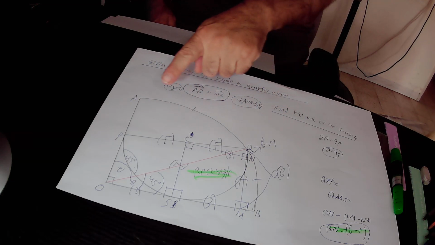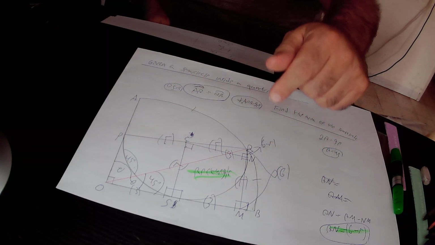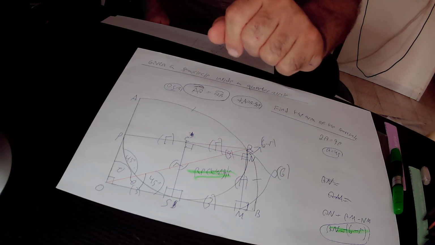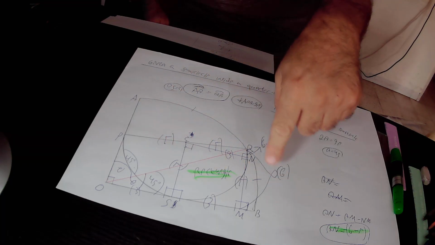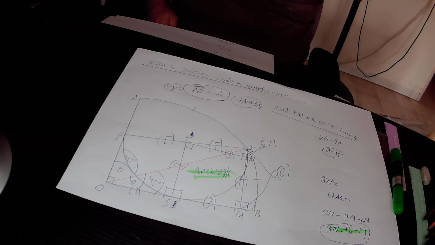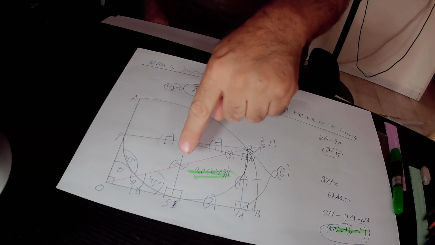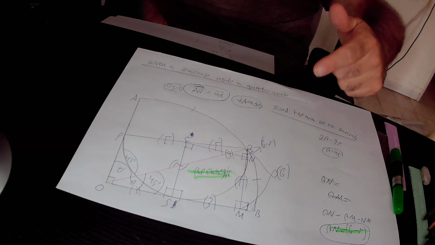PQ connects those three parallel lines, and line OM also connects these three parallel lines. We have a special relationship between those two lines, PQ and OM. The relationship is as follows: PC over CQ equals OS over SM. Again, PC over CQ equals OS over SM.